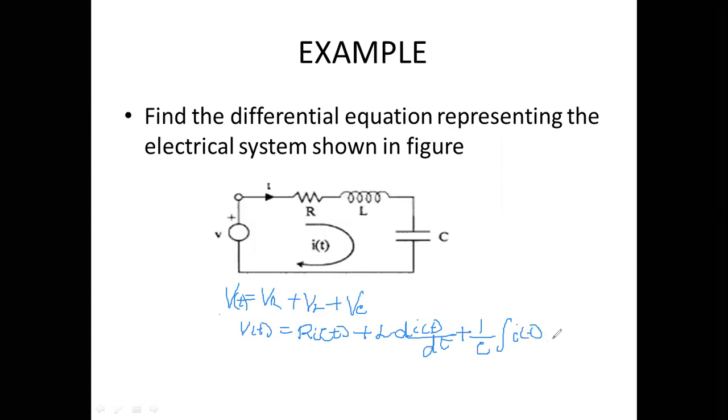So this is the mathematical equation that represents this circuit. Similarly, you can apply KVL or KCL, Kirchhoff's voltage law or Kirchhoff's current law, to find the mathematical equations of any such circuit.